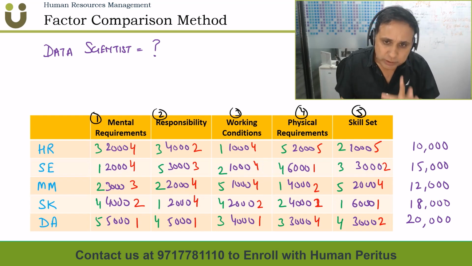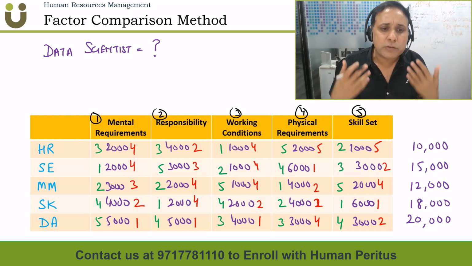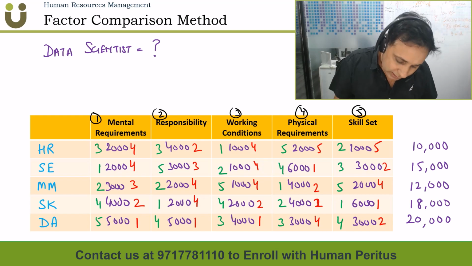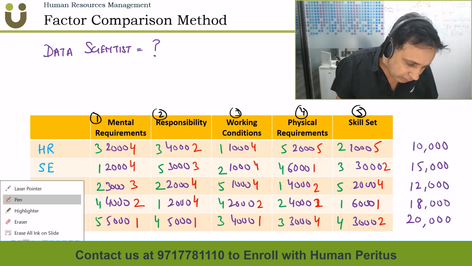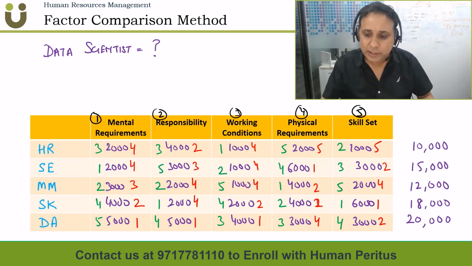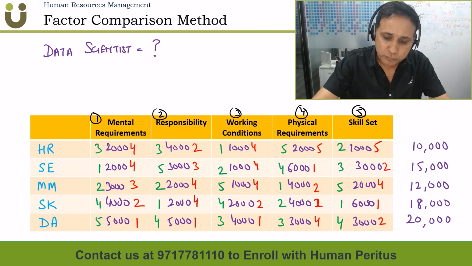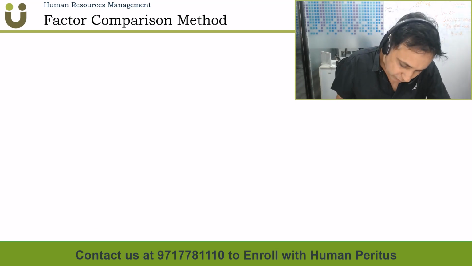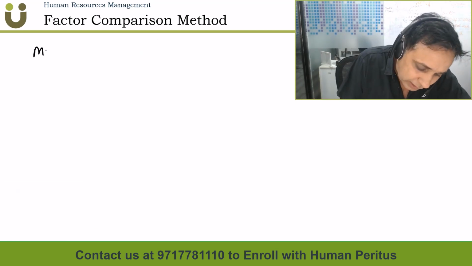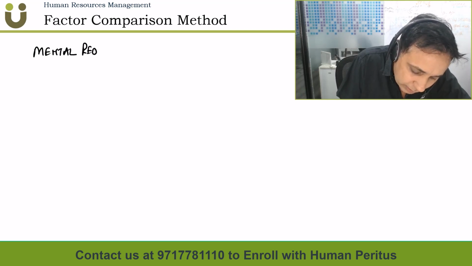Once you do that exercise, you have to prepare your factor scales, or you can say factor comparison scale. I'll show you how these scales are prepared. You take your first factor, which is mental requirement.